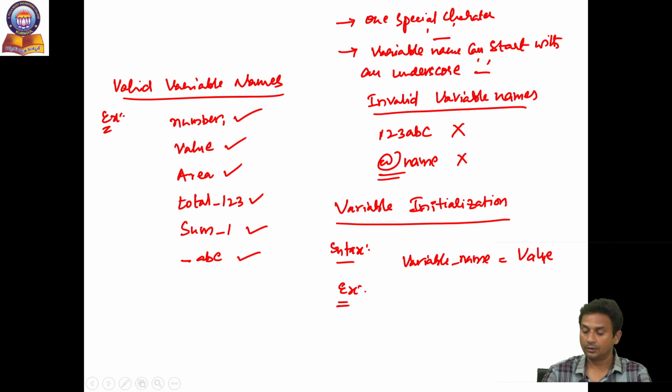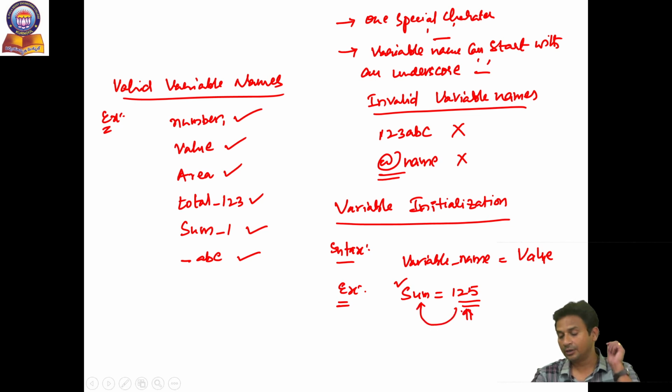For example, sum is equal to 125, where sum is the variable name, which is assigned the value 125. When the statement is executed in Python, the number 125 is assigned to the variable sum. Here the equal to sign is called the assignment operator.